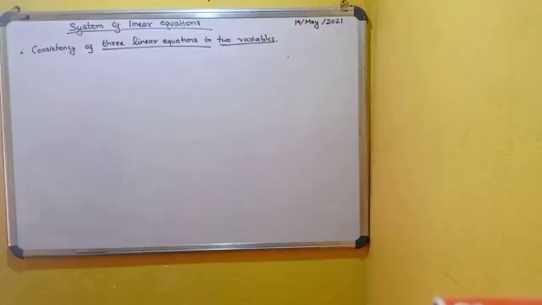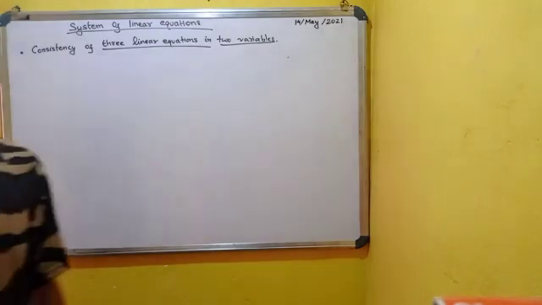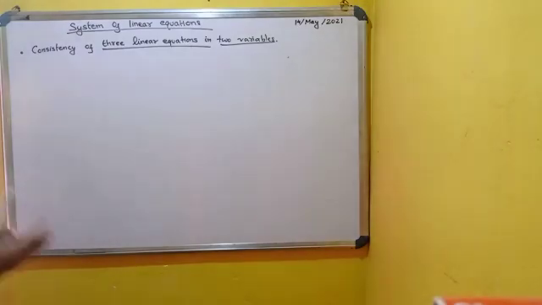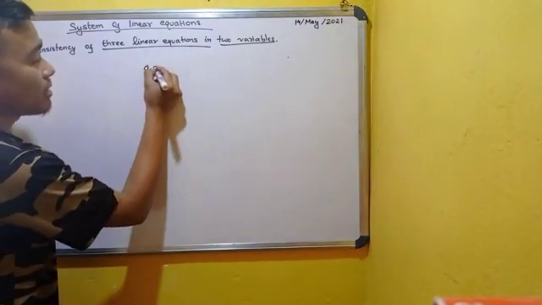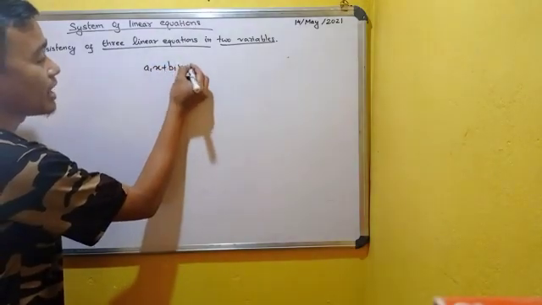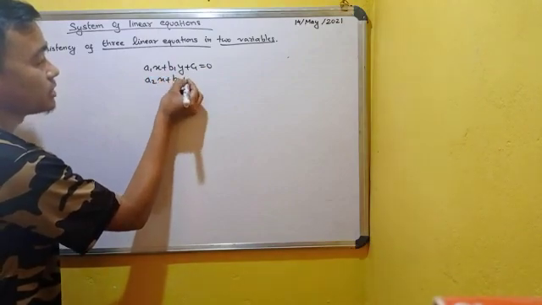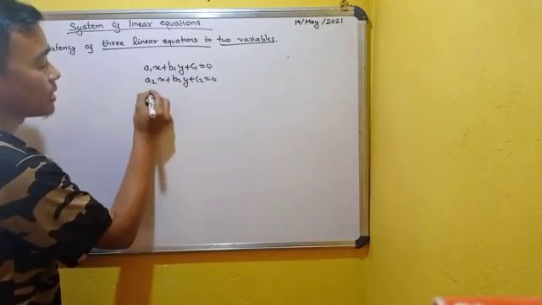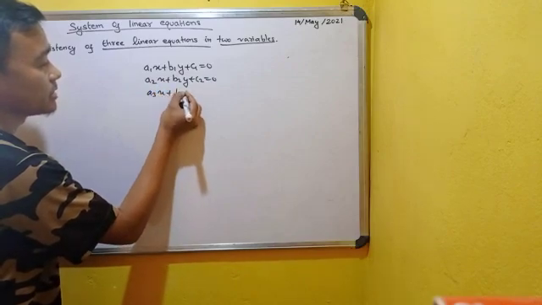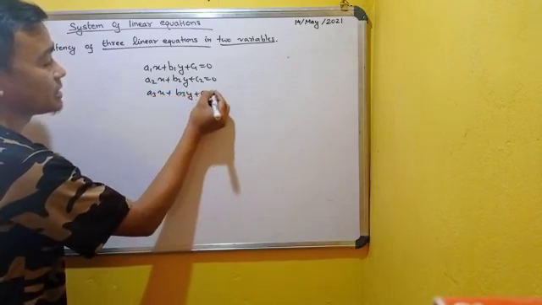Students, this is your last topic from the chapter determinant, and this topic is consistency of three linear equations in two variables. So let us make a set of linear equations with two variables and three equations. a1x plus b1y plus c1 is equal to 0, a2x plus b2y plus c2 is equal to 0, and a3x plus b3y plus c3 is equal to 0.